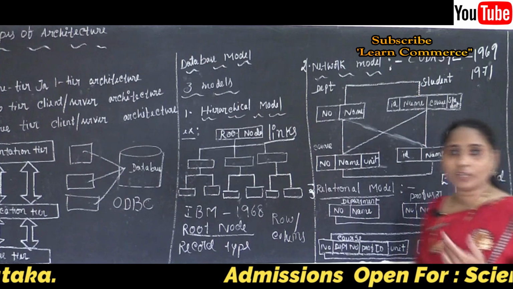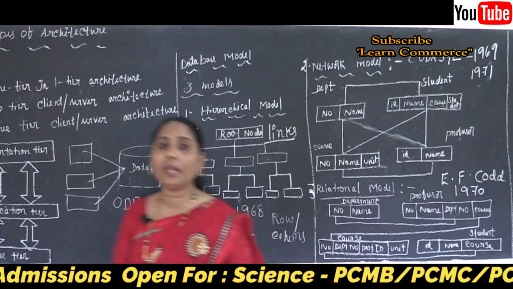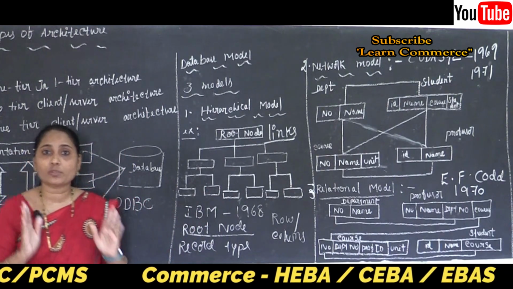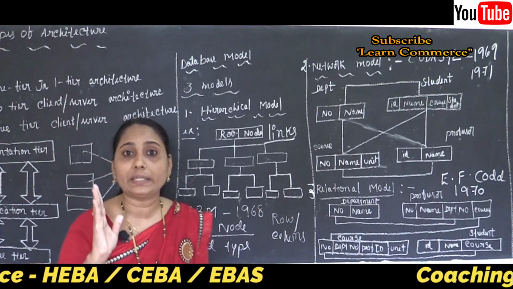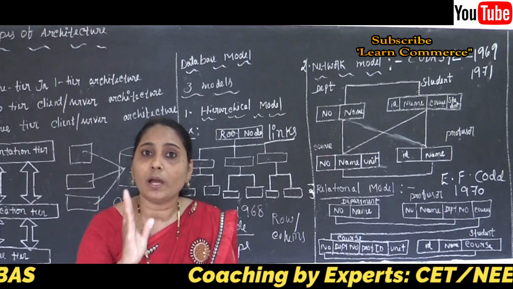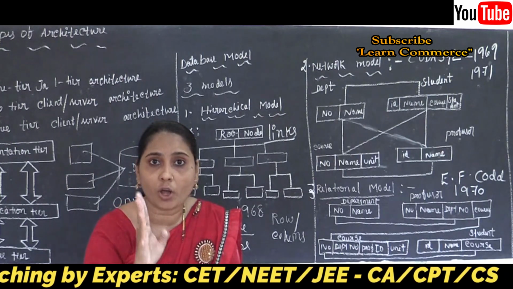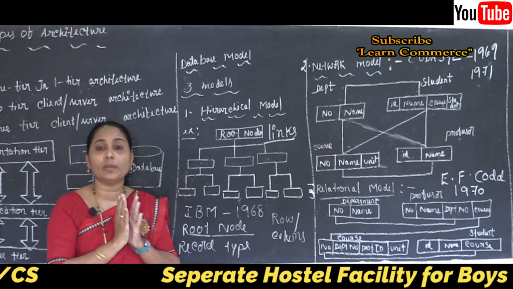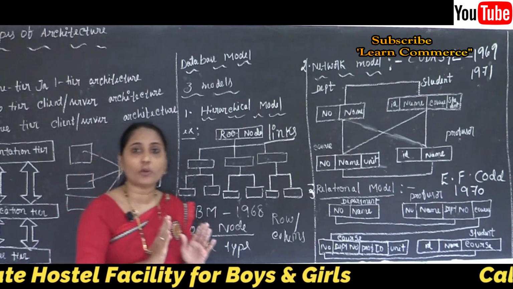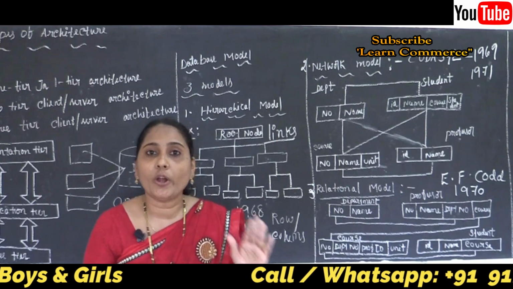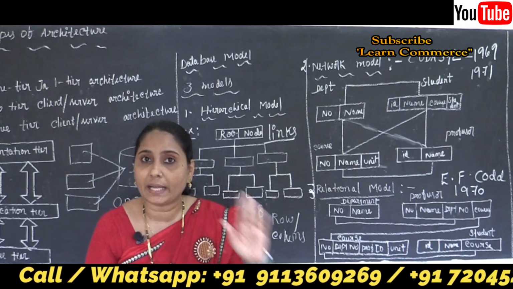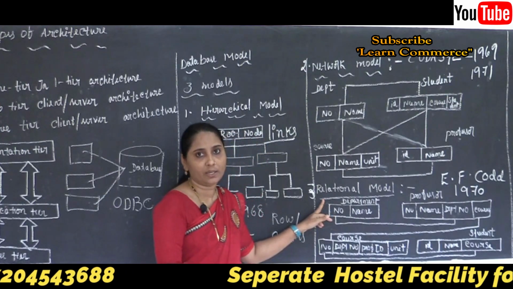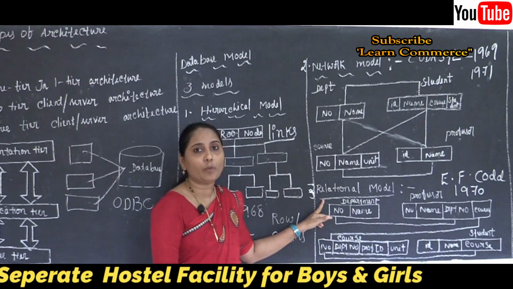That means whatever column is there, such a column needs to be in both tables. Just by using the common attribute of the table, or common attribute meaning the column of the table, it is possible to make the connection between two tables. So not by using any pointers or links, we make the connection between two tables in our relational model. Clear this point here? The relational model here.